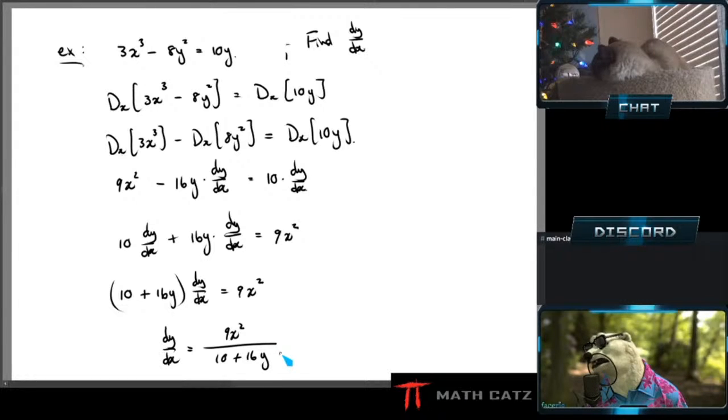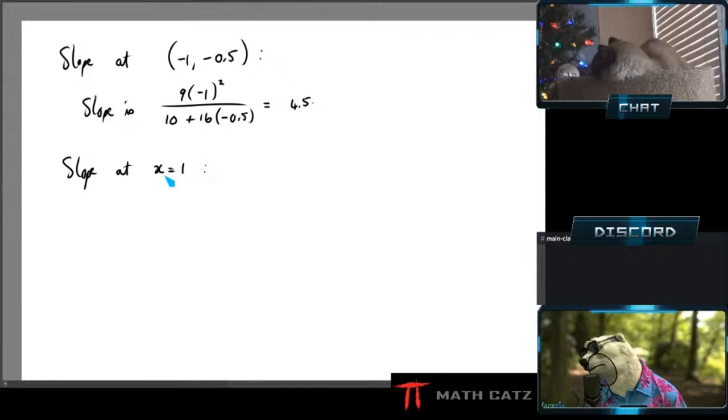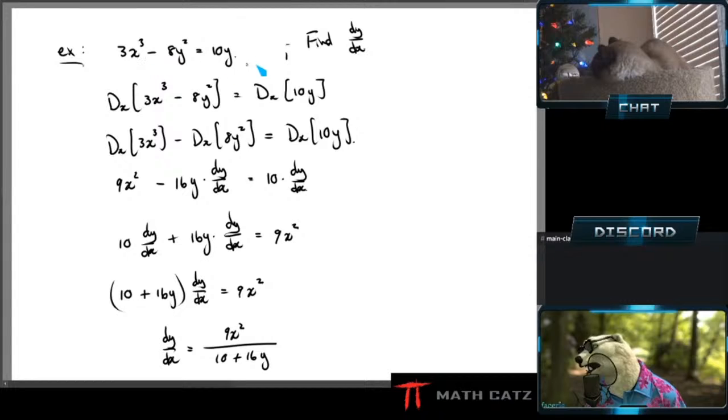I don't have the y value. I need the corresponding y value. That is the pickle, and that's almost more work than anything else. So if I go to my original equation and plug in the x value, x is just 1, right? So 3.